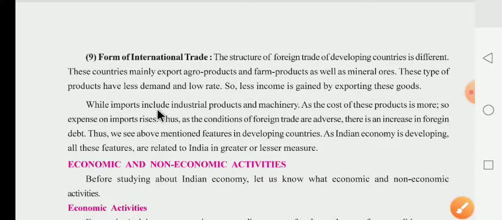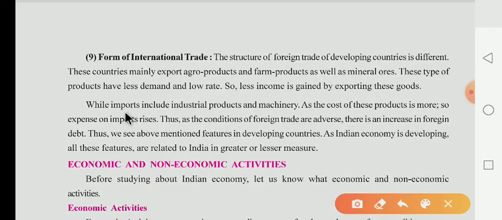While imports of developing nations include industrial products and machinery. Which things are imported by the developing nation? Industrial products and machinery, and the cost of these products is more, and the expenses on imports rise. Thus the condition of foreign trade is adverse for the developing nation.